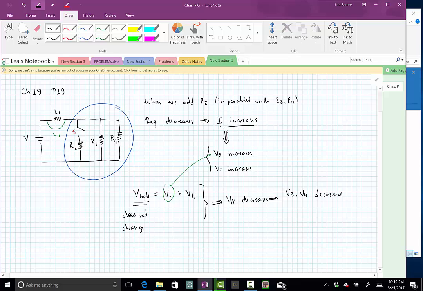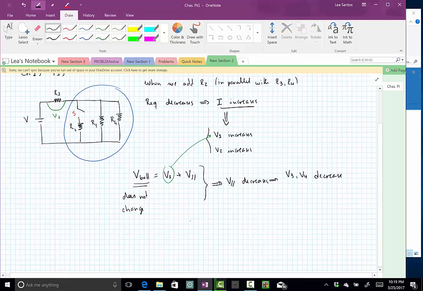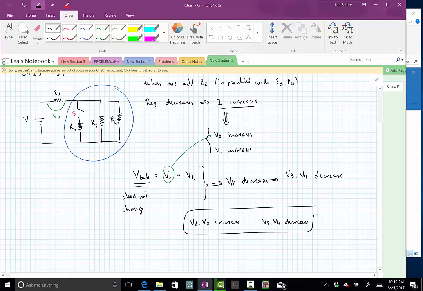Okay, so in summary, what we have first is, in terms of voltage, V1 and V2 increase, while V3 and V4 decrease. Okay, so this is for the voltage.